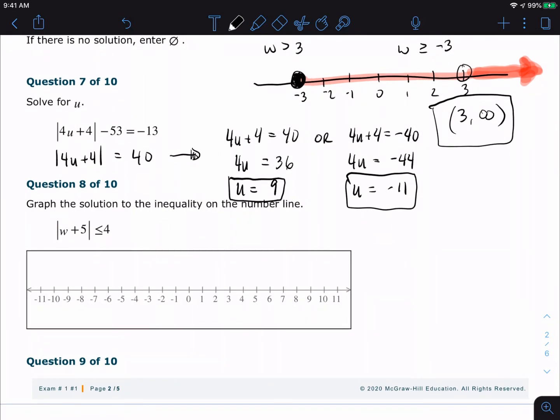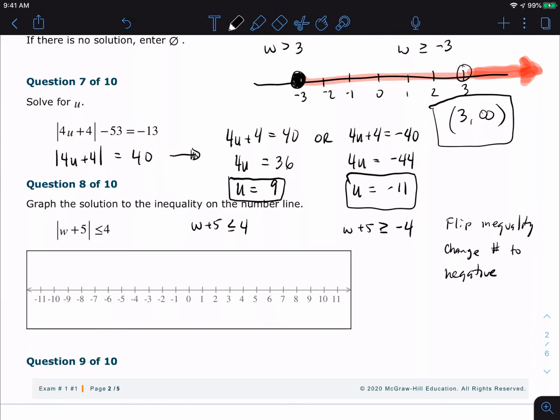Since we have it broken up, I'm going to write it as w plus 5 is less than or equal to 4. That's the same, right? And for the other one, w plus 5, I'm going to flip the inequality and change the number to negative.